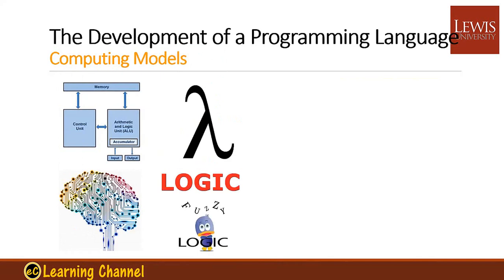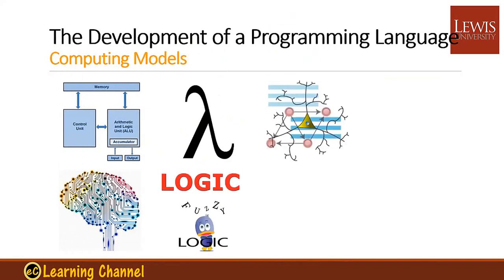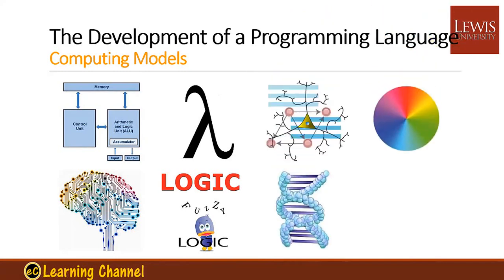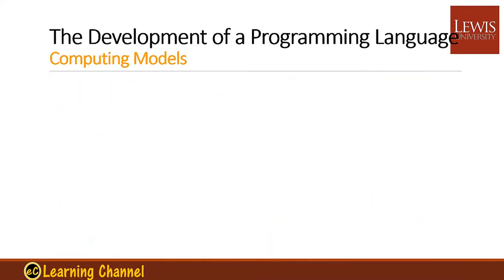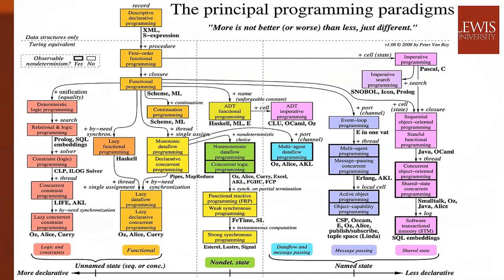We have lambda calculus, fuzzy logic, and DNA computing. And you may have optical processing, and you may have a mechanical processor. Okay, those are different models.